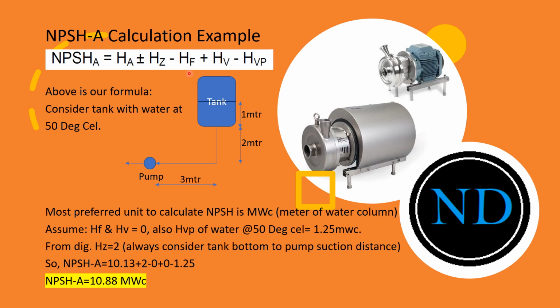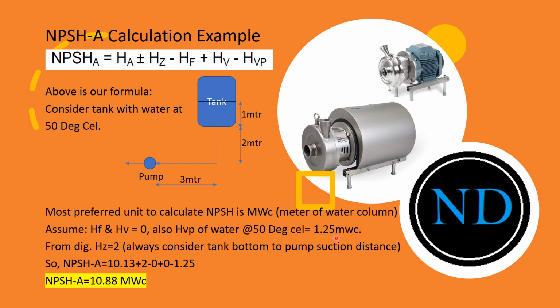Now we consider HF and HV, both these factors, as we have assumed that there are very little frictional losses, but you have to calculate it from Darcy's equation or another frictional loss equation. And there is another factor HVP, that is the vapor pressure. You have to subtract it at 50 degrees Celsius. I have calculated that as 1.25. You will get this from the tables which are available on the internet.